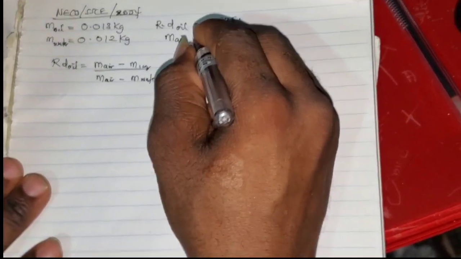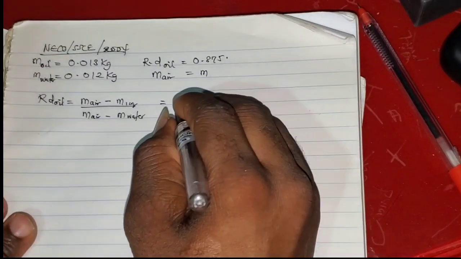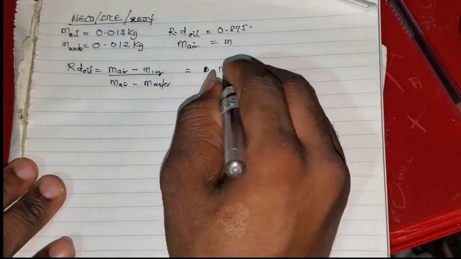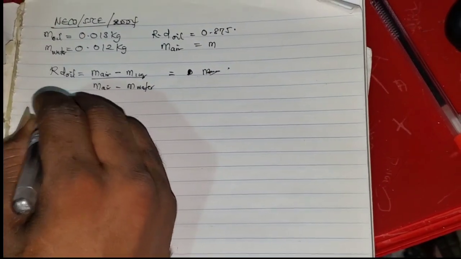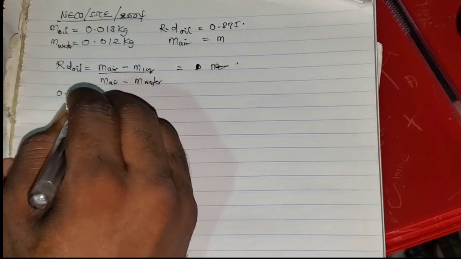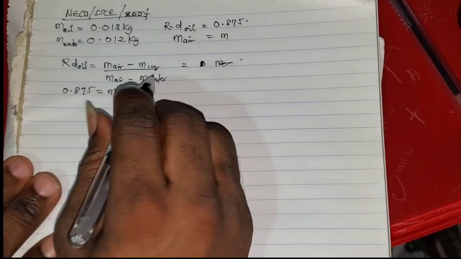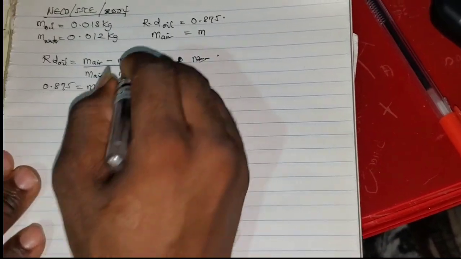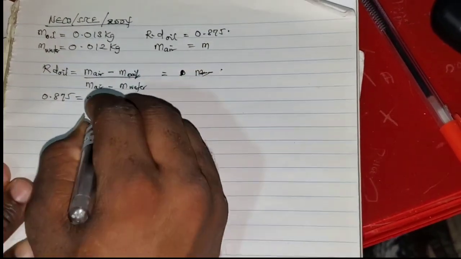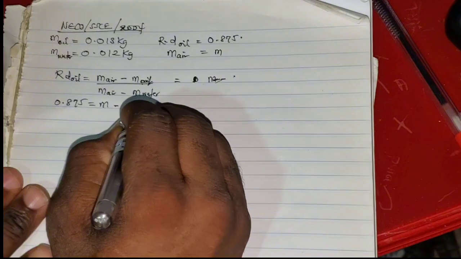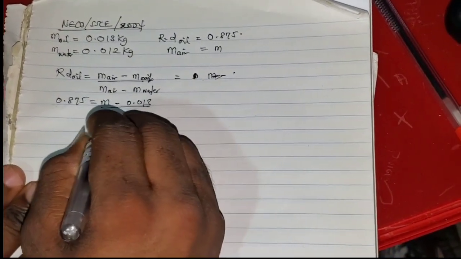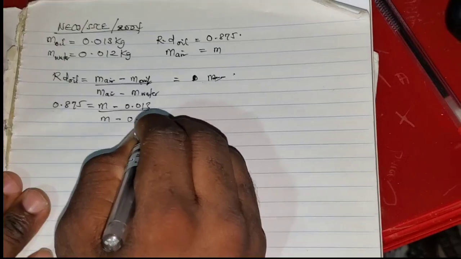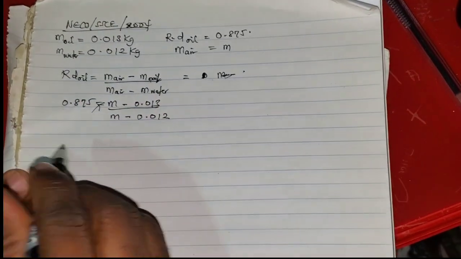Let's call it M. So 0.875 equals M minus mass in liquid, that's mass in oil, so M minus 0.013, over M minus 0.012. Then we cross multiply.